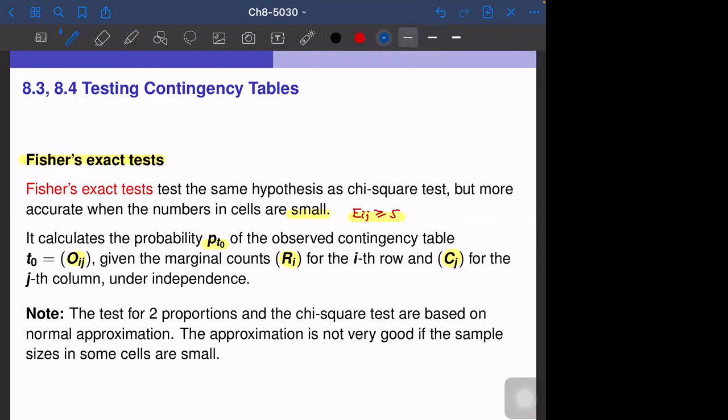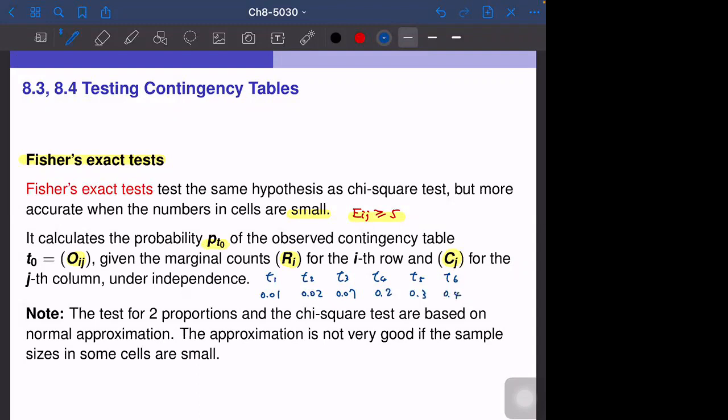So if we have, for example, 6 possible tables for given marginal counts, the row counts and the column counts, then we calculate the probability for each table, such as 0.01, 0.02, 0.07, 0.2, 0.3 and 0.4.